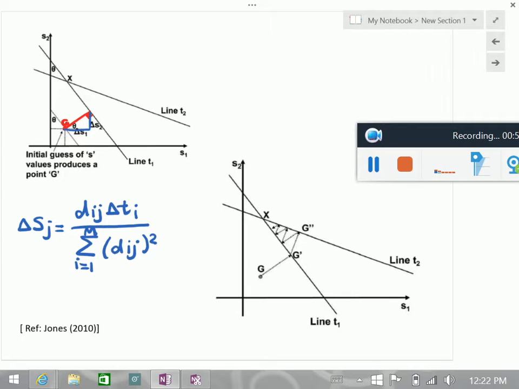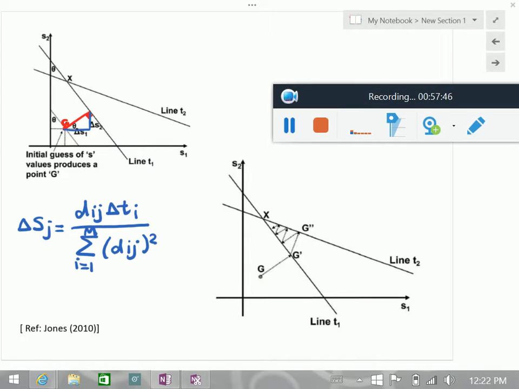But this is how it's being done. You can expand this to higher dimensions, etc. Any questions so far? I'm dropping a lot of details here. Tomography by itself is a graduate class.